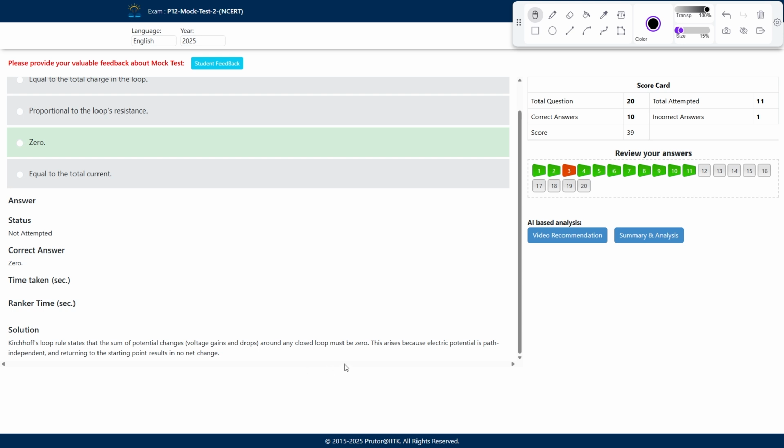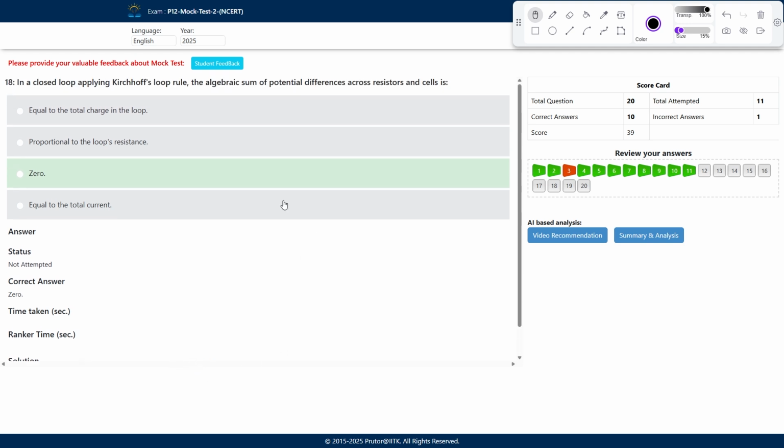Why? Because potential energy is conservative. This arises because the electric potential is path independent. It only depends upon the initial and final points. If we start from a point in a closed loop and return to the same point, the potential difference will be 0. Got it?